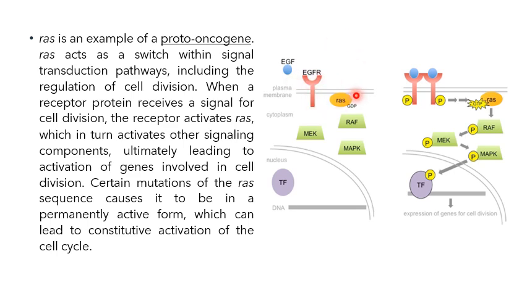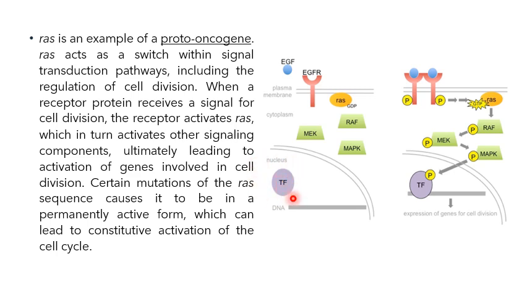Prior to the stimulation of the pathway, the components include some soluble ligands, EGF, its receptor, the EGF receptor, a tyrosine kinase, a RAS, a G protein, for example, several kinases like RAF, MEK, MAPK, and a transcription factor, which is the TF.